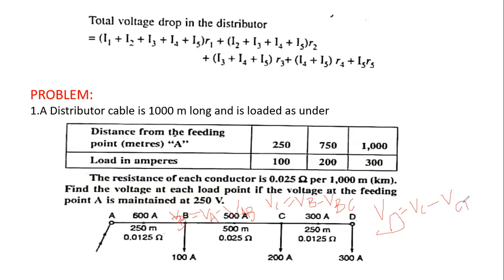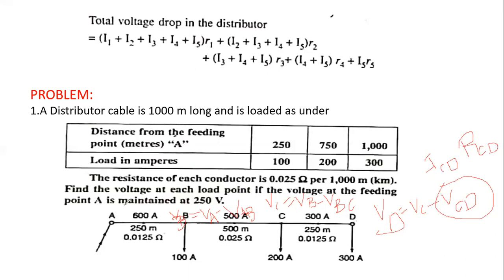What is the VCD formula? That is ICD into RCD. What is the ICD value? ICD is equal to I3. RCD will be calculated.